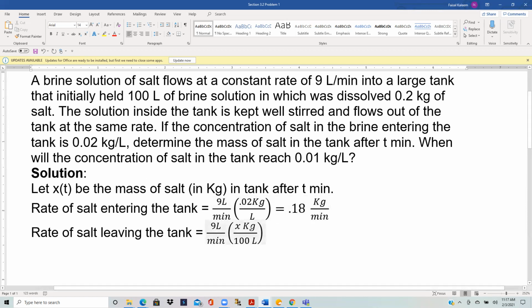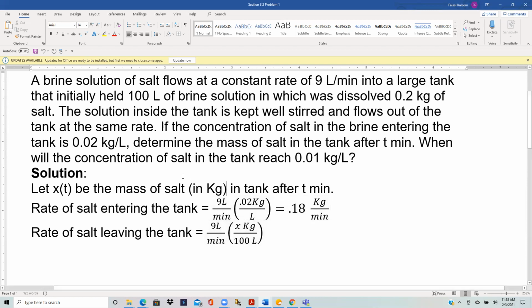So x is the mass of salt in the tank at time t.